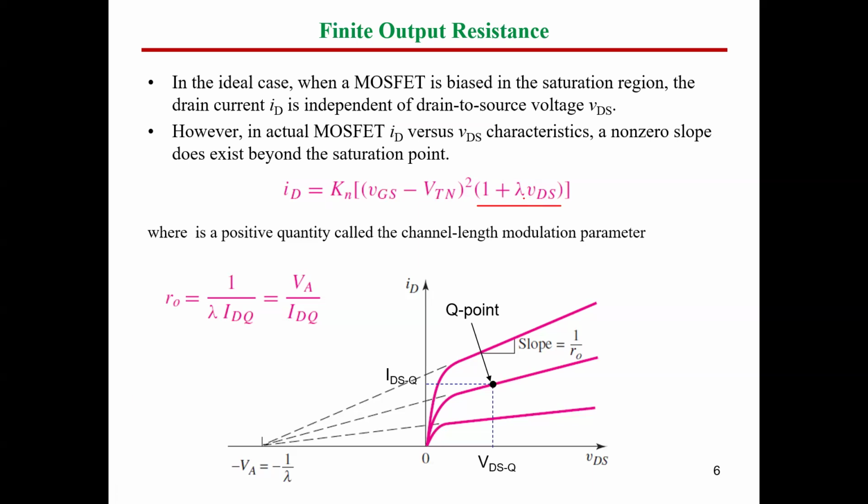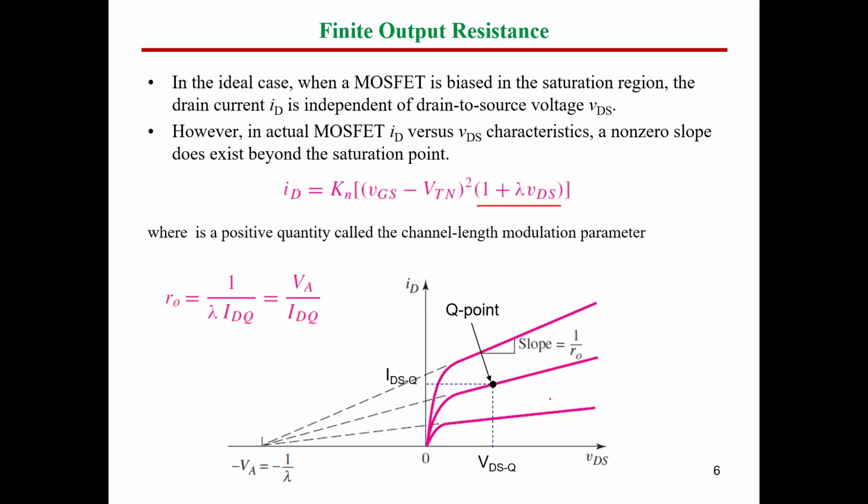And this lambda can be defined from the relation we will see here. So we will have what's called output resistance. Output resistance equals a voltage value called VA, which is the voltage at this place, divided by a current called IDQ. IDQ is the drain current at the point Q, which is the Q point or the operating point of our MOSFET.